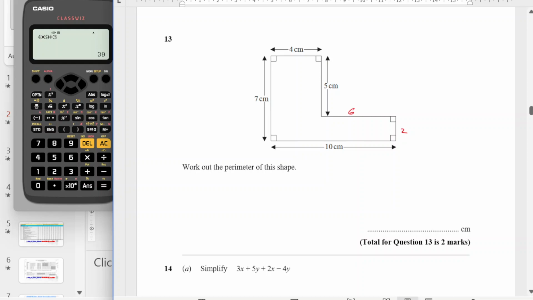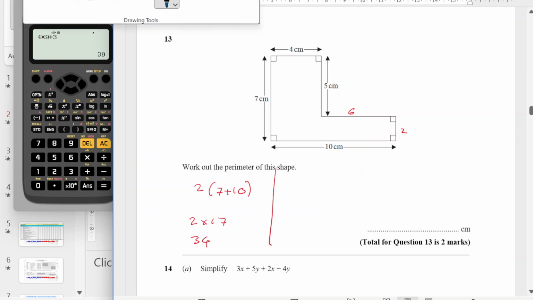So in effect, I now need to work out the perimeter of the whole shape. I could take a shortcut and say that it's going to be 2 lots of 7 plus 10, which is going to be 2 times 17, so 34. Alternatively, and the more common version though, is to work out the total by adding them all together.